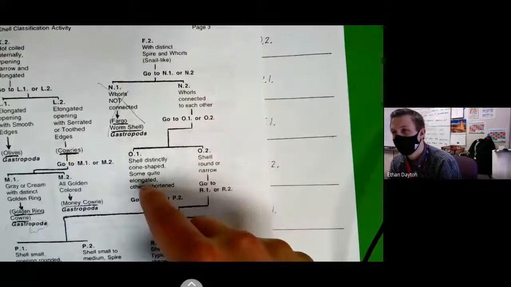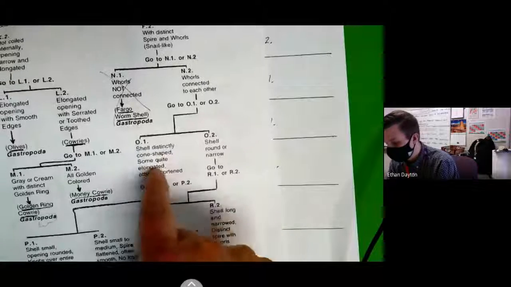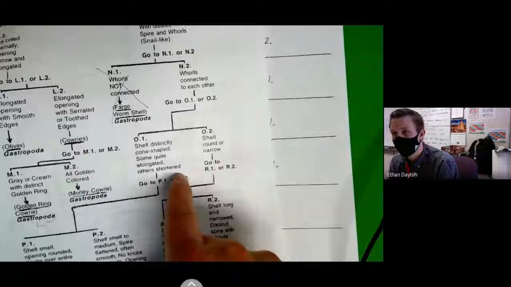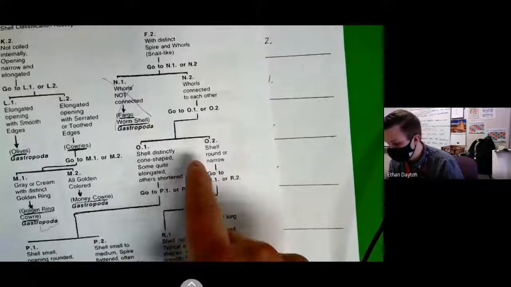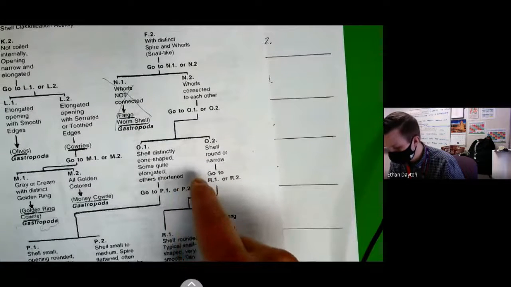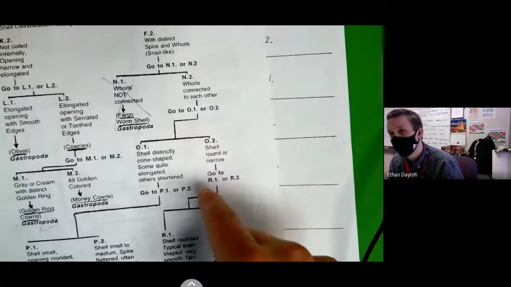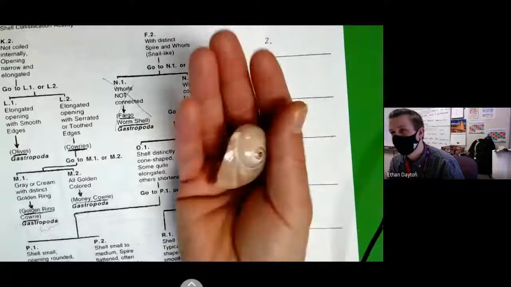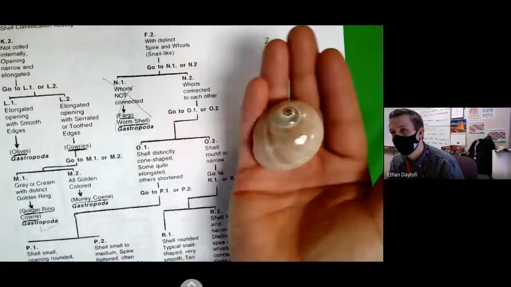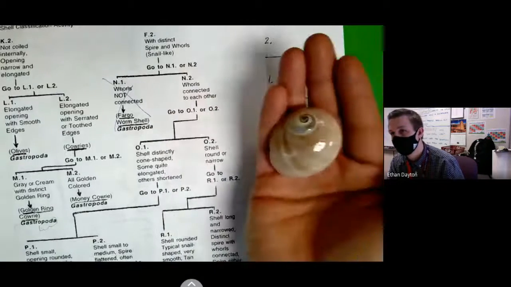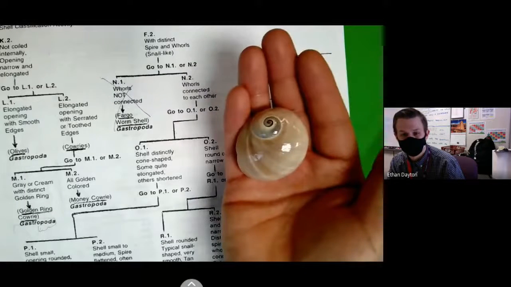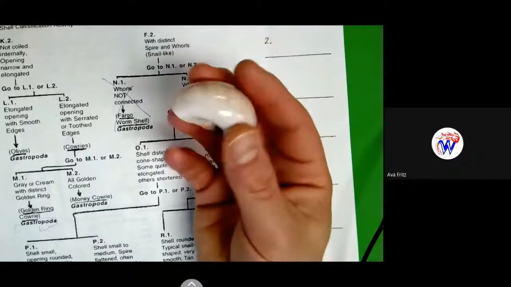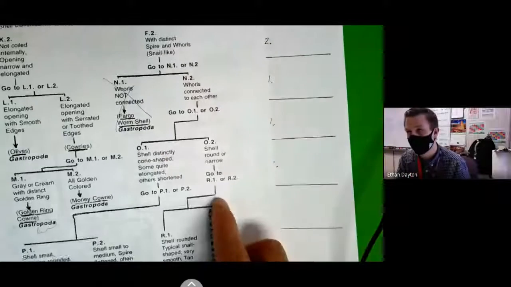Now, is the shell distinctly cone-shaped? Some quite elongated, others shortened? Or is it round or narrow? So is this really elongated and cone-shaped, or is it round? Ava, what do you think? Round. Yes, definitely. So we're going to go to R1 and R2.